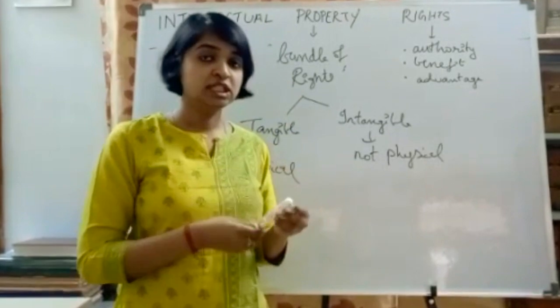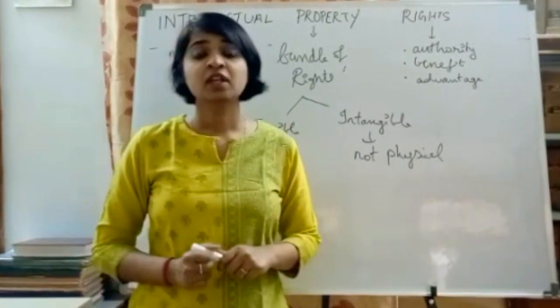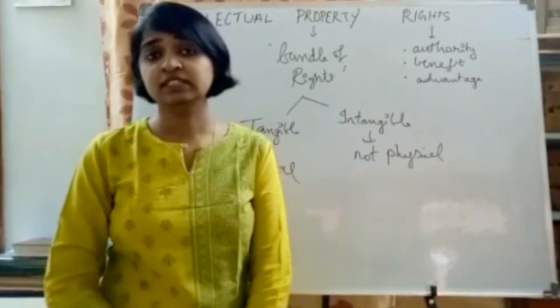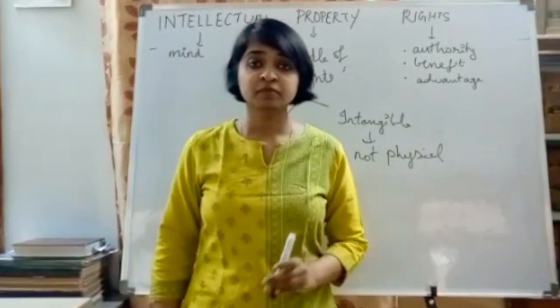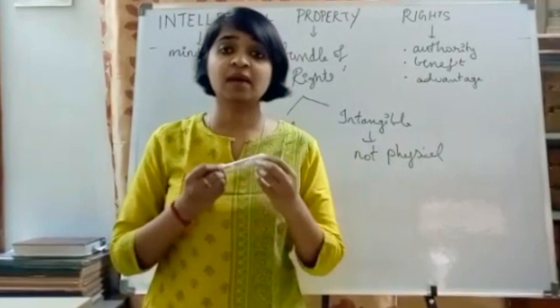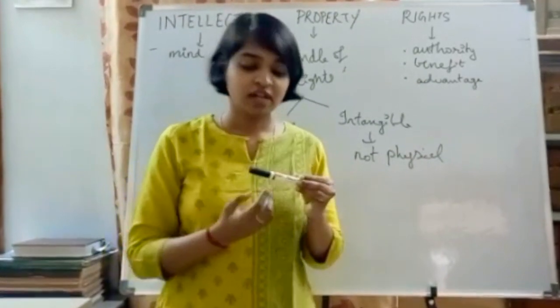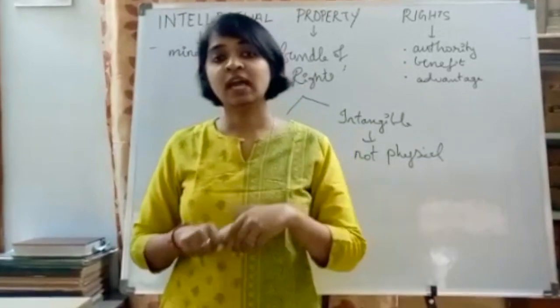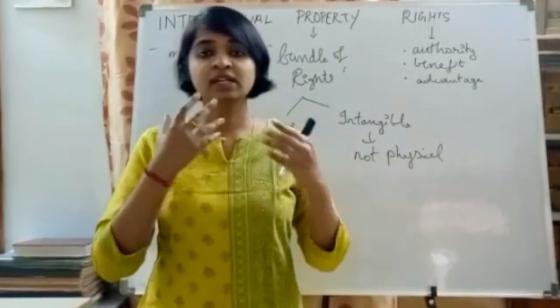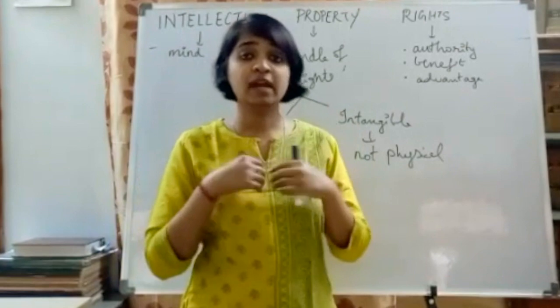Like everything you see, it can be touched. No. Now I'll give you an example. I'm using this pen of Camlin, but I cannot go and touch Camlin as such. You might be wondering, yeah, I can touch Camlin like this. No, not that. How will I own the Camlin brand? How will I go and touch the Camlin brand and say that the Camlin brand belongs to me?